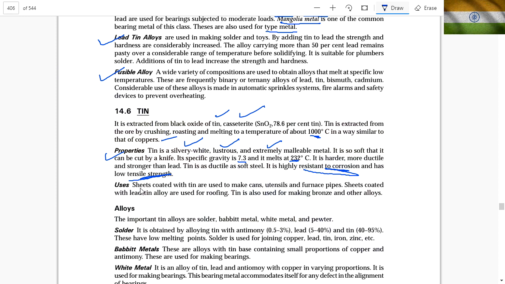Use: sheets coated with tin are used to make cans, tanks and furnace pipes. Sheets coated with lead tin alloy are used for roofing. Tin is also used for making bronze and other alloys.